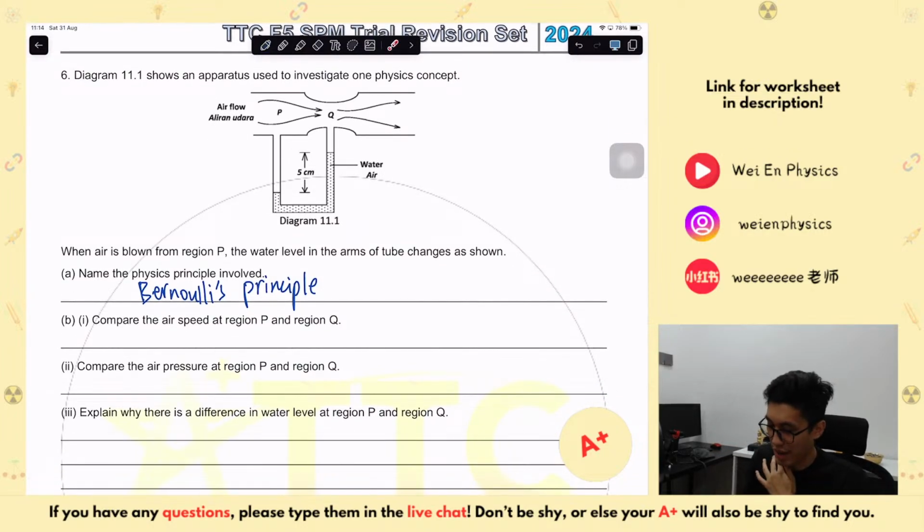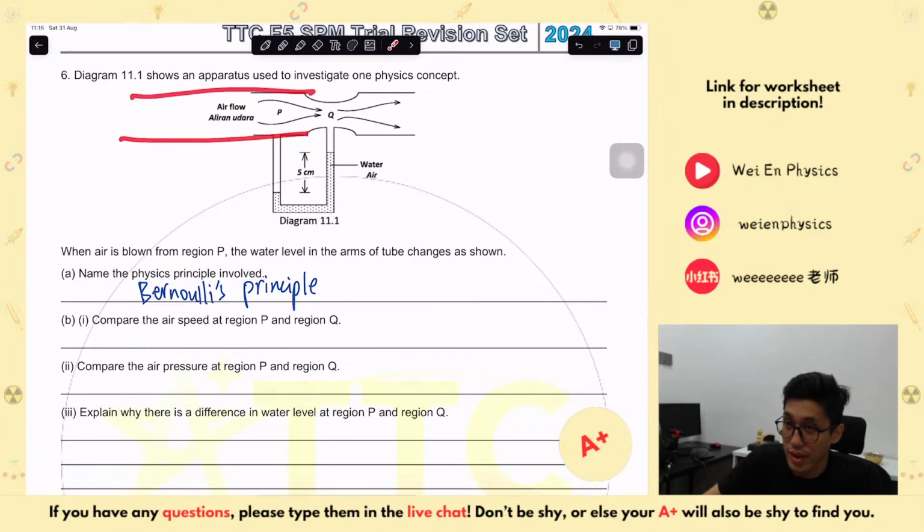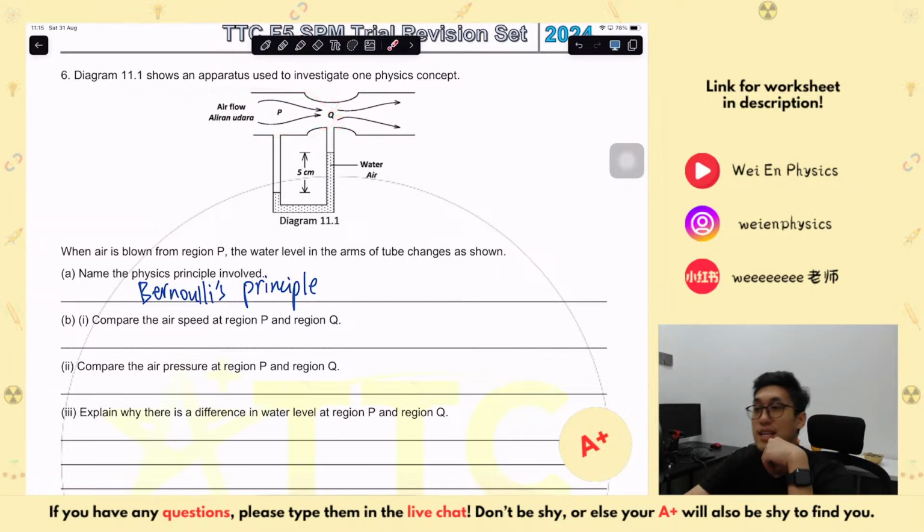Compare the airspeed at P and Q. When I have air flowing like that and it goes into this tight little space here, it needs to go faster because everyone wants to squeeze through together. So you have to run faster in order for everybody to make it in time. Whenever you have a tight space, it will be going faster.